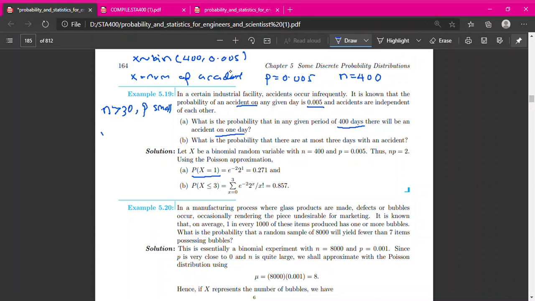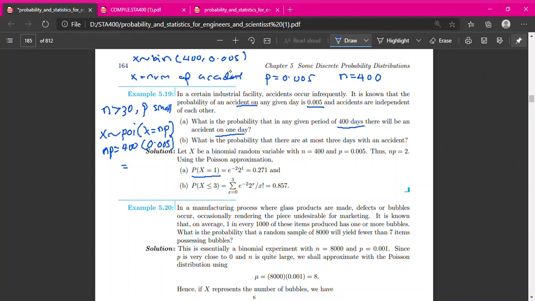So now our random variable x can be distributed as Poisson distribution with parameternya adalah lambda, which is n darab dengan p. So, np, which is 400 multiply dengan 0.005, which is 2, right?